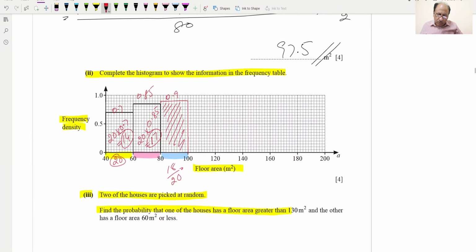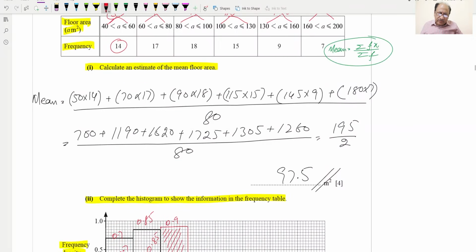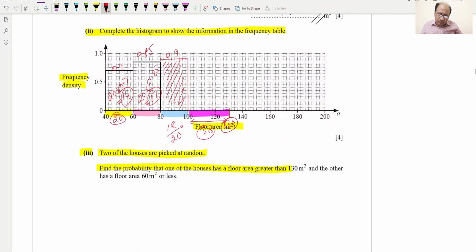Then 100 to 130. 100 to 130 we can show, it should be 1, 2, 3, 4, and 5 up to this one. So this point is 130. The width will be 30, and the frequency is 15. So 15 divided by 30 will be equal to 0.5.